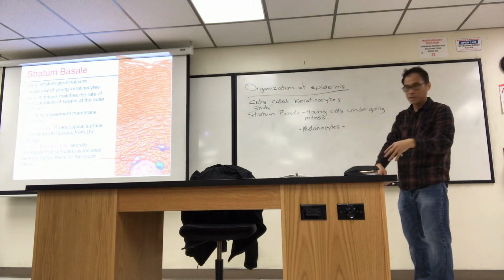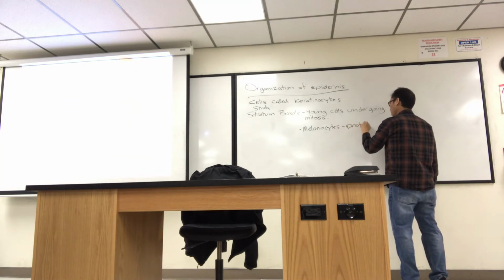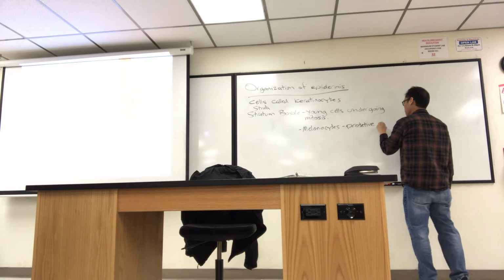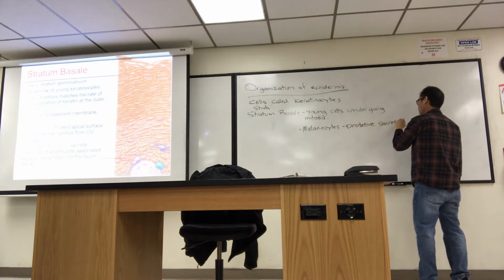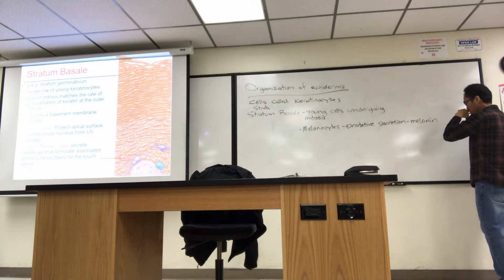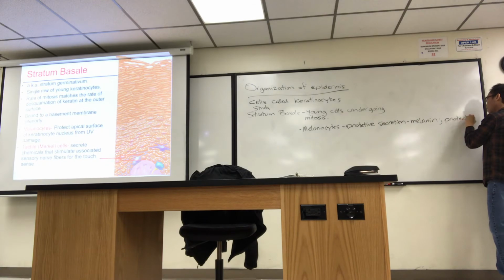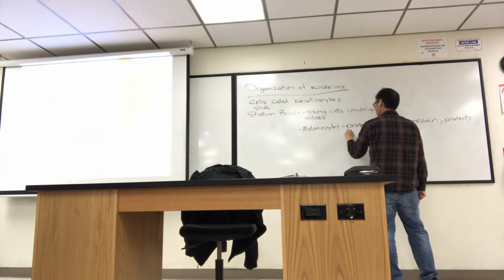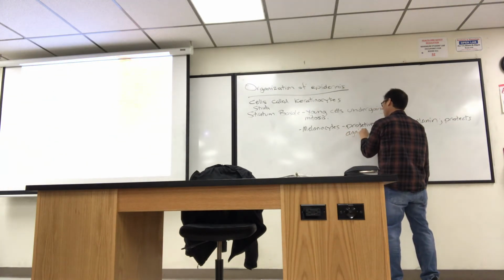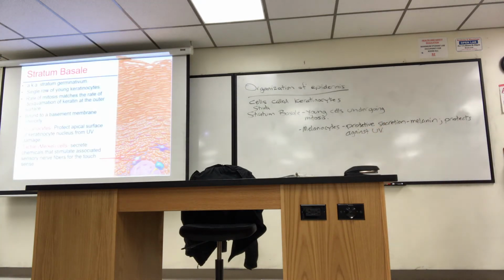It's like our sunscreen. Melanin protects against UV, ultraviolet light. That's why you get a suntan. This is basically the pigmentation of our skin, this cell type.